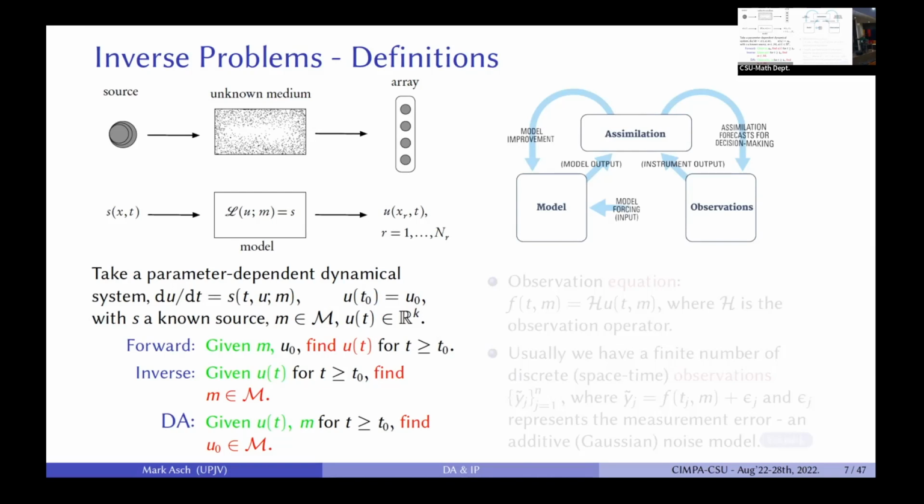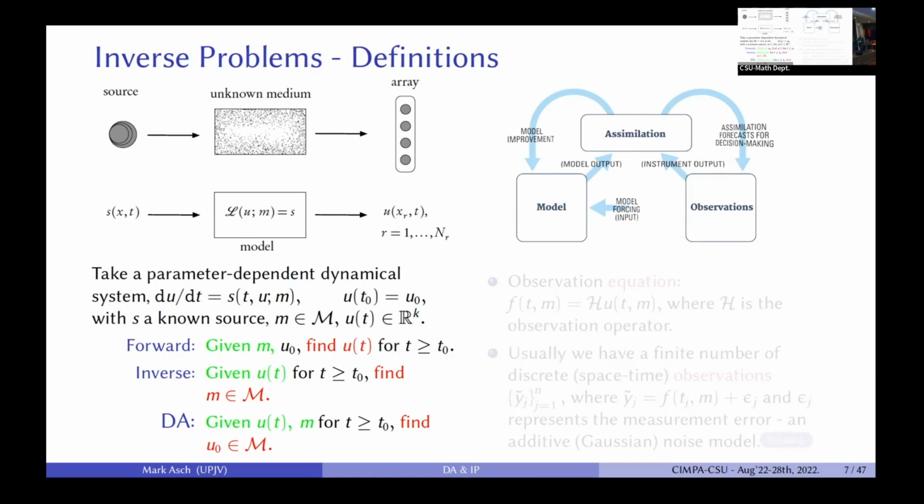I give you all of those, and the initial condition U0, and I ask you to find U of t. That's the direct problem. Very easy. It's cause to effect. I give you everything on the left, and I ask you to find what's on the right.